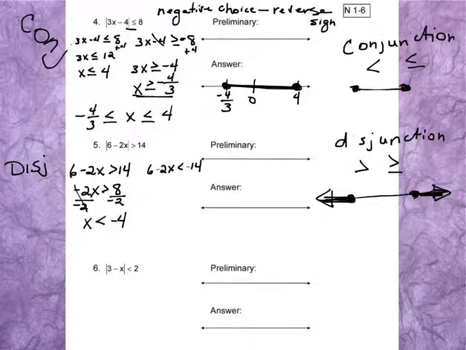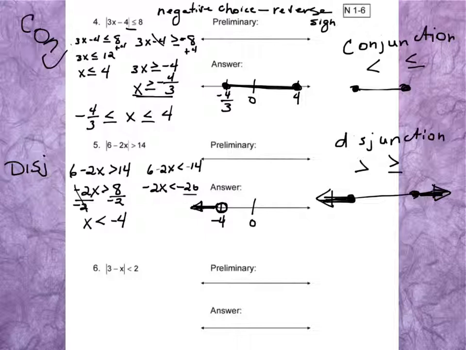So graphing that, we have negative 4 here. Less than will be an open circle, and since it's less than, we're going to shade left. All right, for our other equation, subtracting 6, so negative 14 minus 6, we'd have negative 2x is less than negative 20.